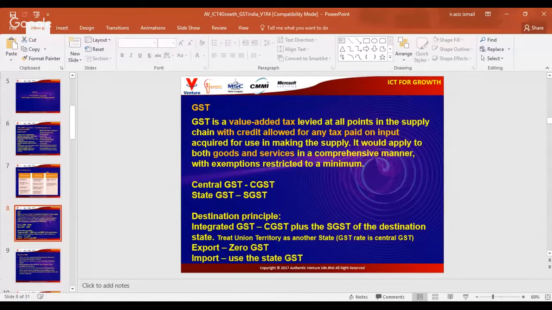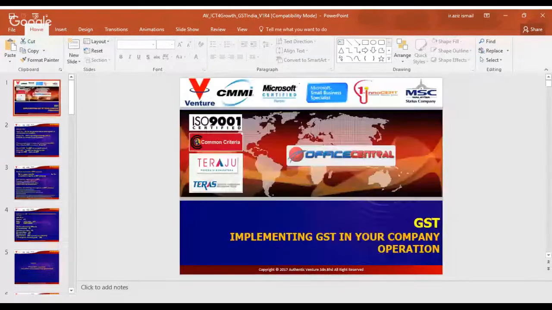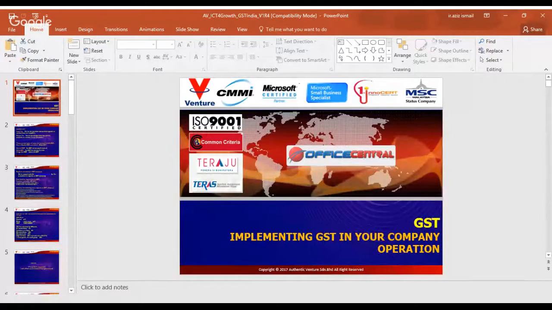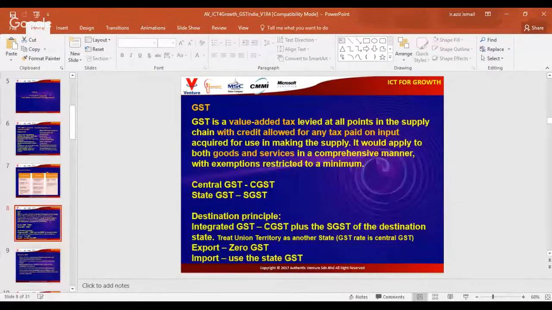Of course, a union territory you will treat as another state. But if you are doing export, then it is a zero GST. If you are doing import, since you are using the destination principle, the GST will be the state GST where you are importing those goods.